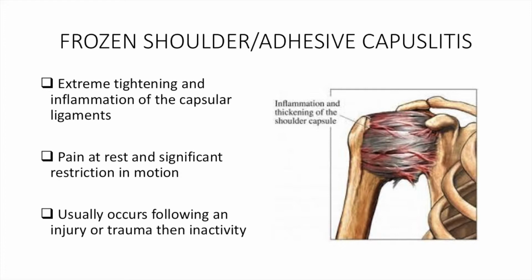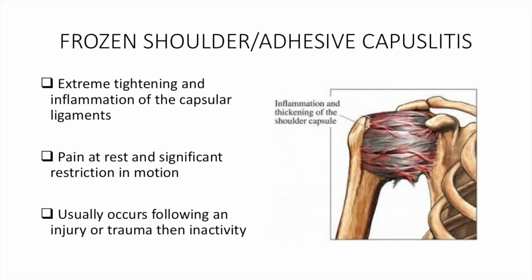That socket is very small, and there's also a labrum that attaches and deepens it. But what attaches that ball to that socket are ligaments. When those ligaments tighten up, it doesn't allow the ball to roll and glide like it should on the socket, and therefore your range of motion is significantly limited. That's what adhesive capsulitis, or frozen shoulder, is.